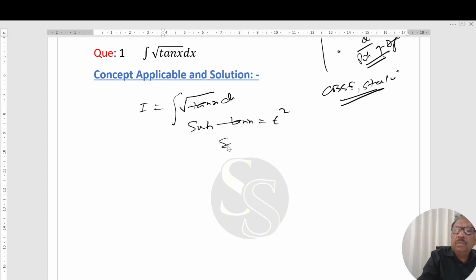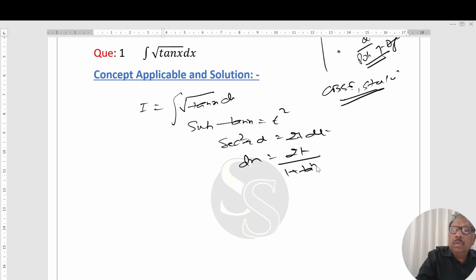Differentiating, sec square x dx equal to 2t dt. As you make the substitution, all terms should be in terms of t. dx comes out to 2t upon sec square x, that is 1 plus tan square x, dt. Then 2t over 1 plus t to the power 4 dt.